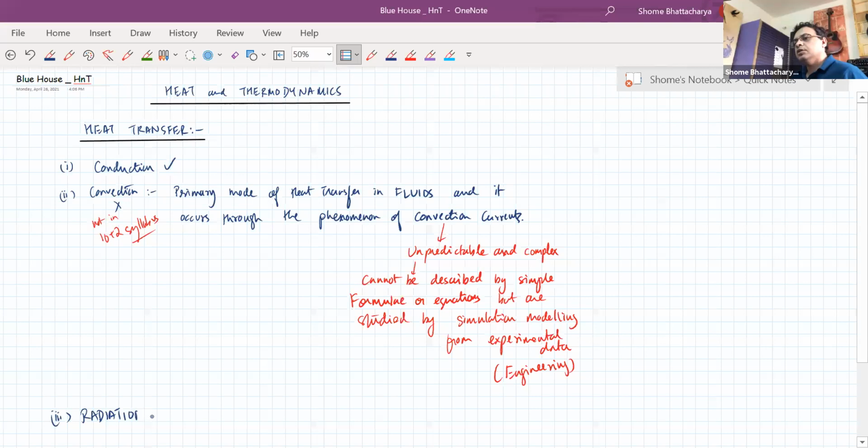talking about primarily today. So radiation is the heat transfer through emission or absorption of electromagnetic waves.